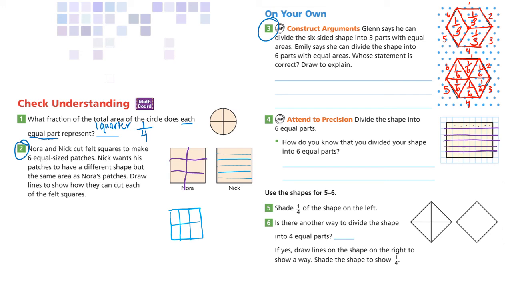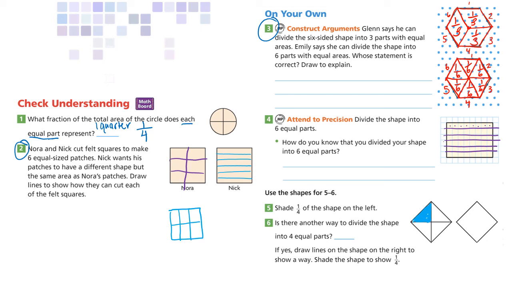Number 5, shade 1/4 of the shape on the left. So if I go ahead and I shade 1/4, I'm going to shade 1 part out of the 4. Okay. Number 6, is there another way to divide the shape into 4 equal parts?